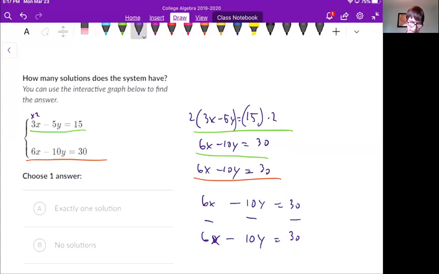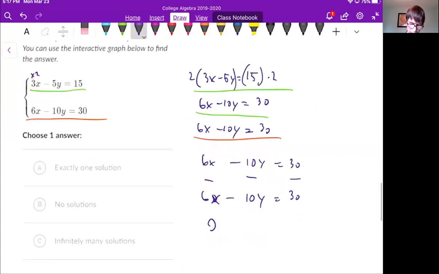So 6x minus 6x is 0. We get minus 10y minus a negative 10y, and minus and minus makes a plus, so minus 10y plus 10y cancels out to 0. And then 30 minus 30 is 0.